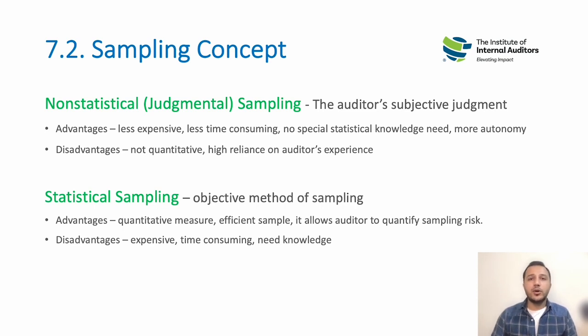However, the disadvantage of judgmental sampling is that the auditor might not have good judgment, or might not be well experienced in getting the particular data which might be a good representation of the entire population. It cannot be quantified statistically, which means that the standard deviation, the error rates and the sampling risk cannot be quantified.